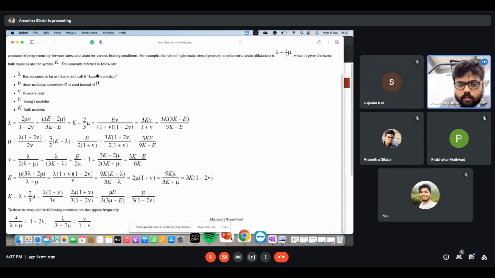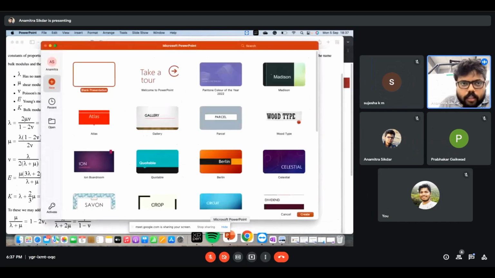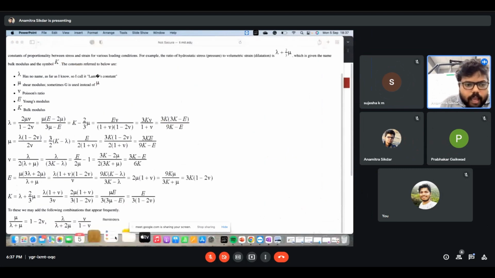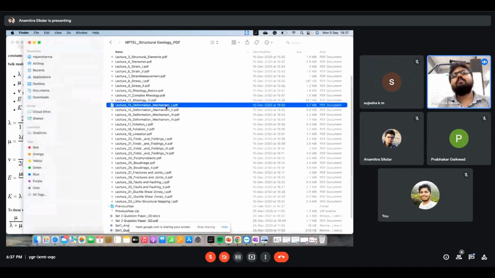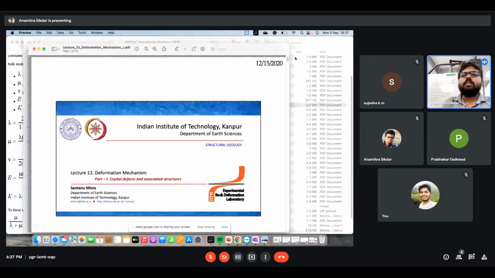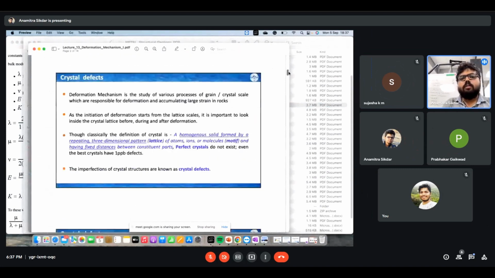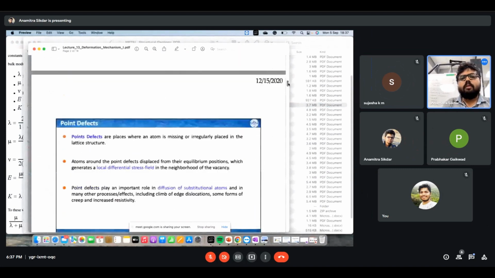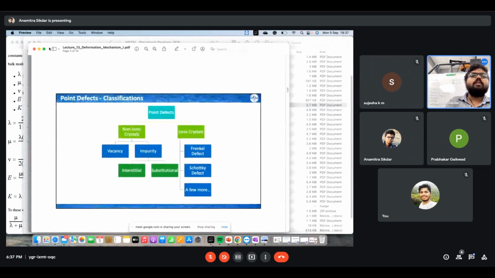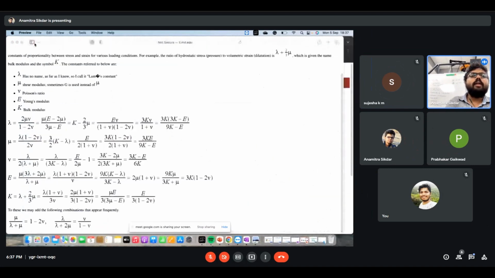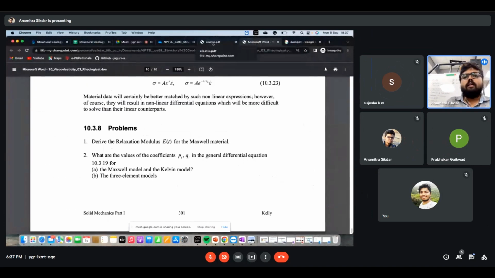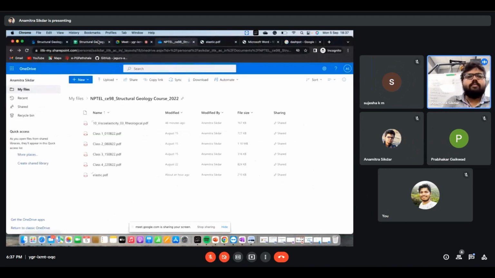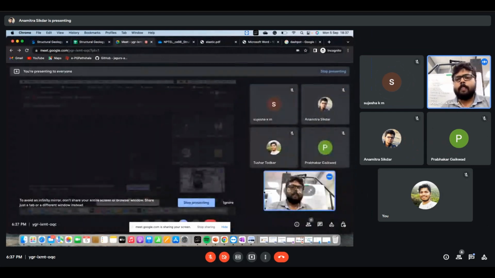So the material I already shared with you, and in the next part we have deformation mechanisms. I think I will start with deformation mechanism today. Whoever is in the class, do you have an idea how this deformation in the earth actually takes place from a microscopic point of view?